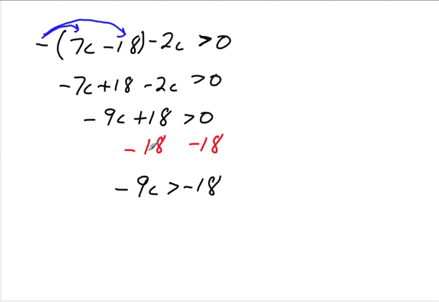And now, as usual, we're going to do the division last, usually. That will fruit ninja out these negative 9s, but since we divided by a negative number, we have to change the direction of the sign. Negative divided by negative is positive.